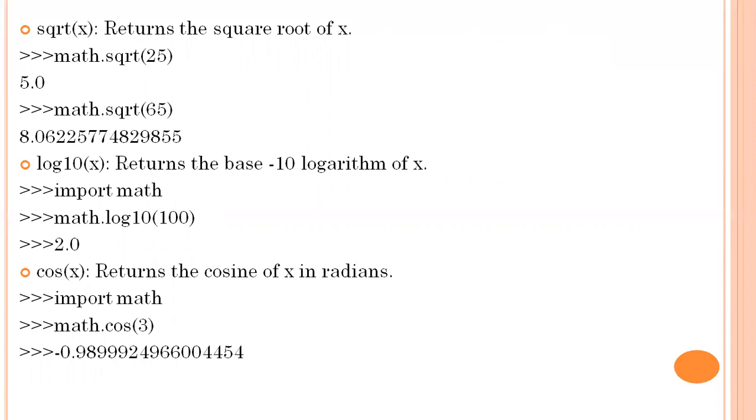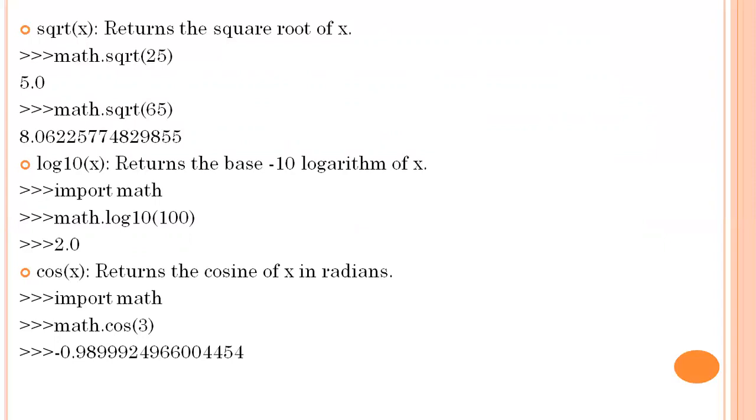Similarly, log10(x) returns the base 10 logarithm of x. Import math; math.log10(100) will return 2.0. Next, cos(x) calculates the cosine value, returning the cosine of x in radians.